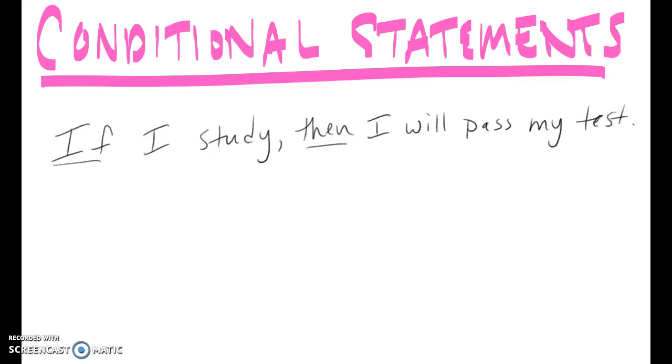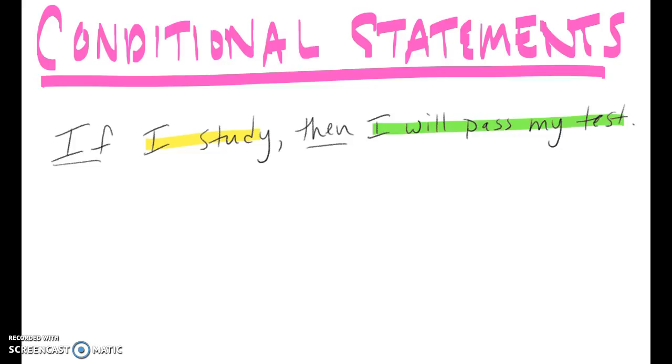So whenever you read a statement like if I study, then I will pass my test. Now, I'm using two different colors to highlight because the thing that you start your statement with is your hypothesis, right?